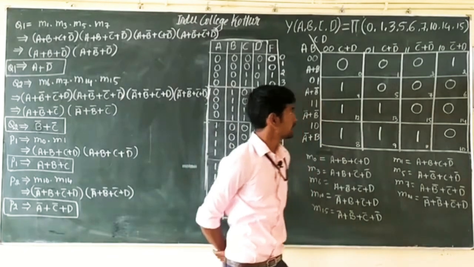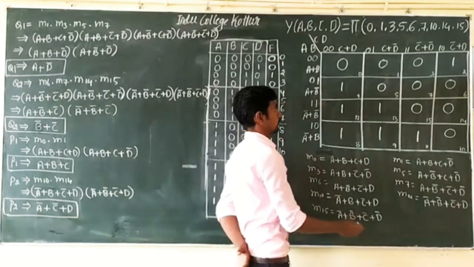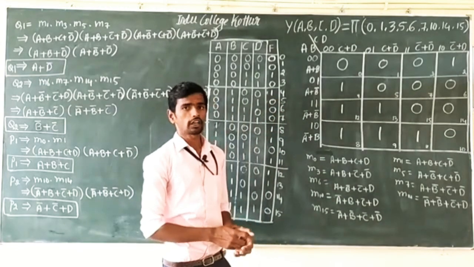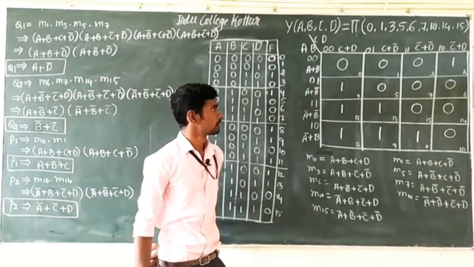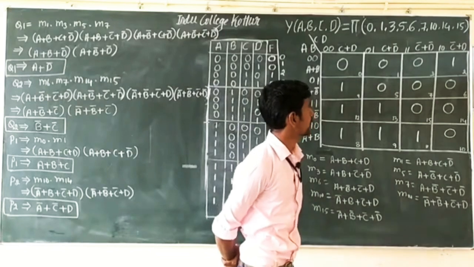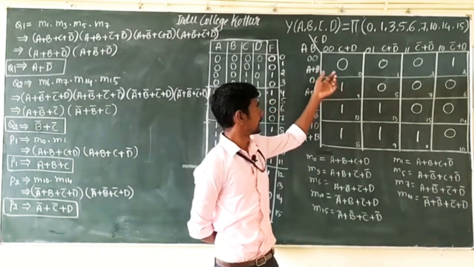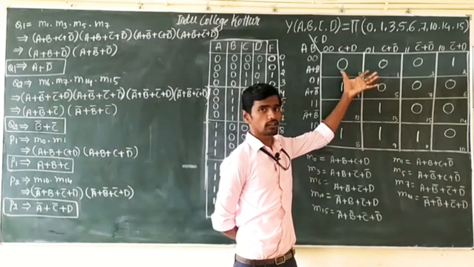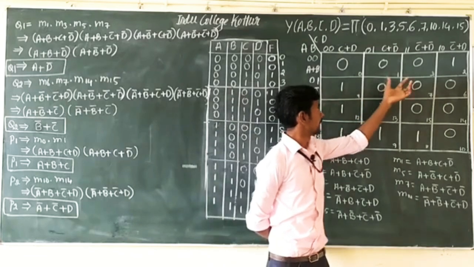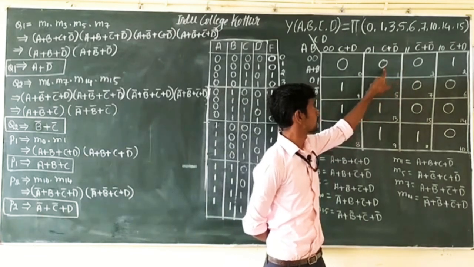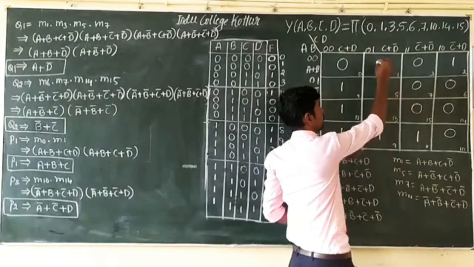After entering the zeros, you can map them together. First preference is octet, second preference is quad, third preference is pair. Here we can't get any octet because there are no 8 zeros either horizontally or vertically. Here we can easily get 1 quad of 0 0 0 0, 4 zeros.